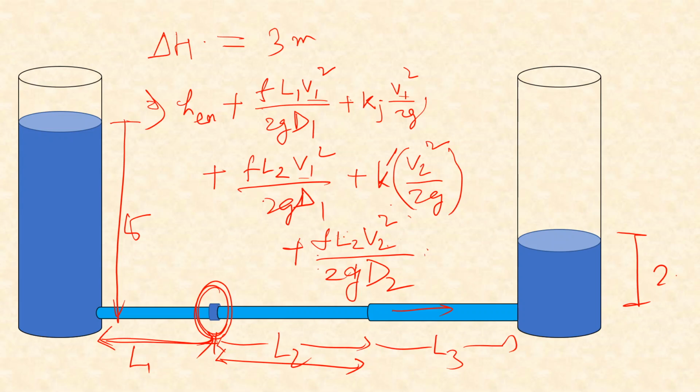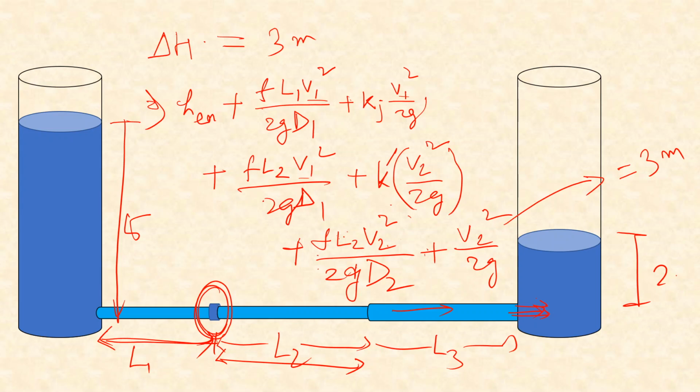Finally, whatever the velocity at exit, which will be v2, if you convert to velocity head, it is unrecoverable and it will be again the loss at the exit, which is v2 square by 2g. Now this whole thing will be equal to 3 meter, and that's how we are going to solve the equation.